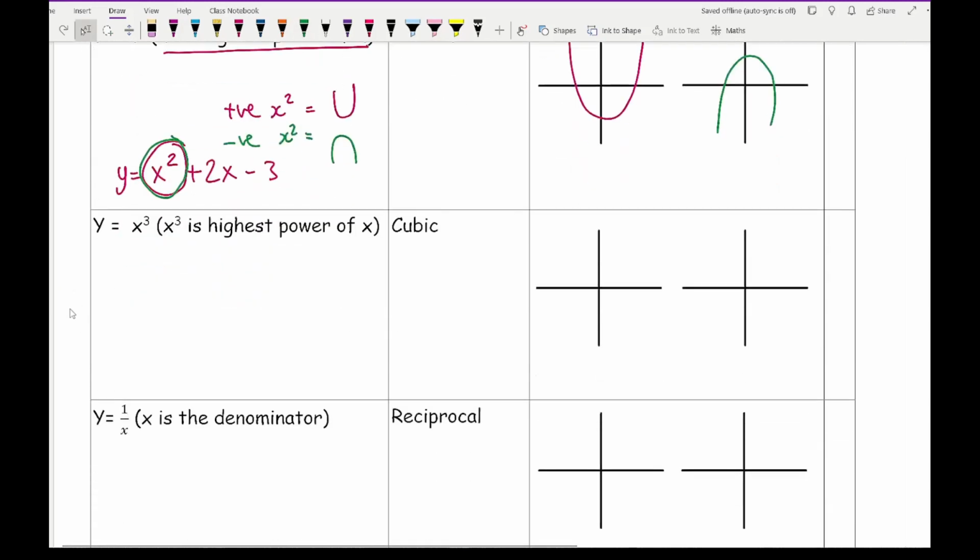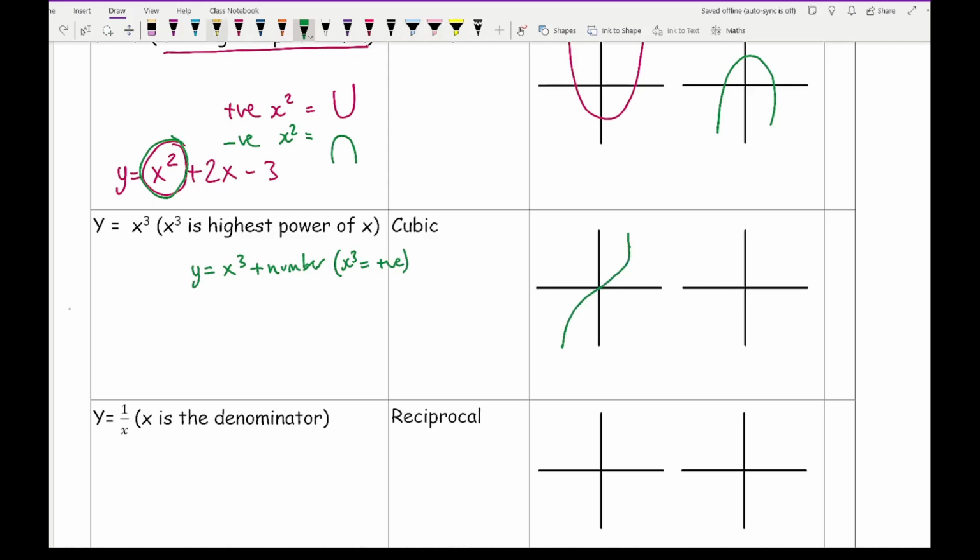And that moves nicely into when we've got y equals x cubed, where x cubed is the highest power of x. Now this is going to produce a cubic graph. One thing you do need to bear in mind is if you've got y equals just x cubed plus a number, where x cubed is positive, then it's going to produce a shape that looks like this.